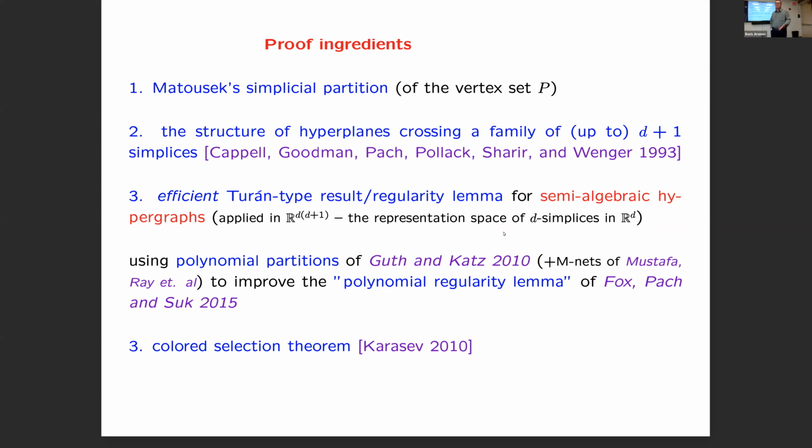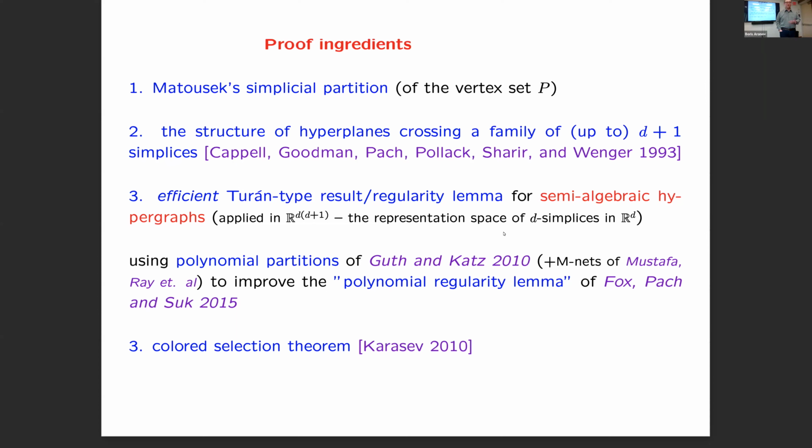And it's quite remarkable that when we deal with the selection exponent, we don't assume that our hypergraph is semi-algebraic, but one can still benefit from such results by going into dimension d squared, because you need d times d+1 parameters to represent a simplex.